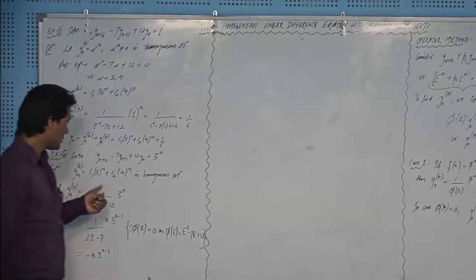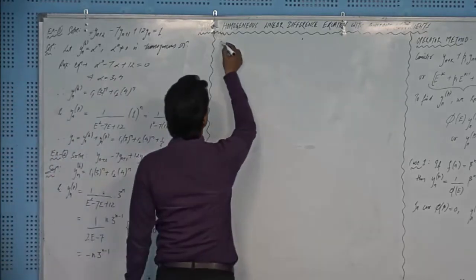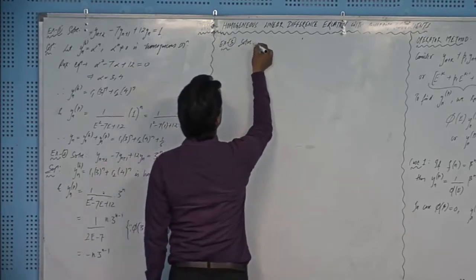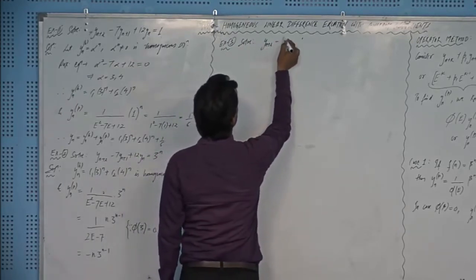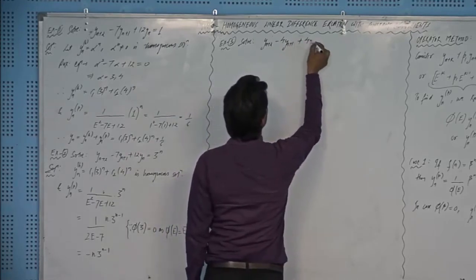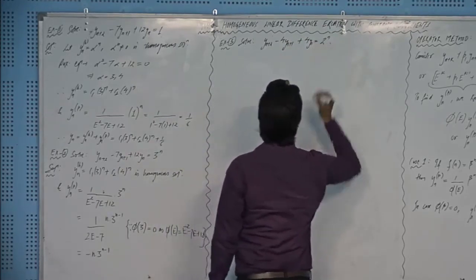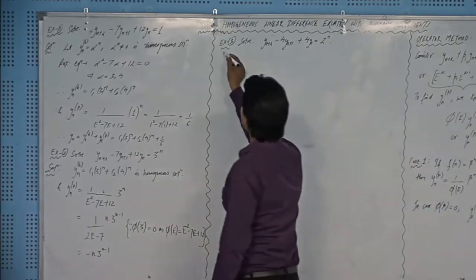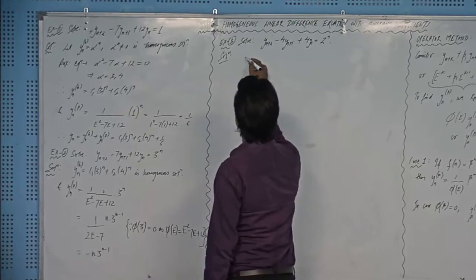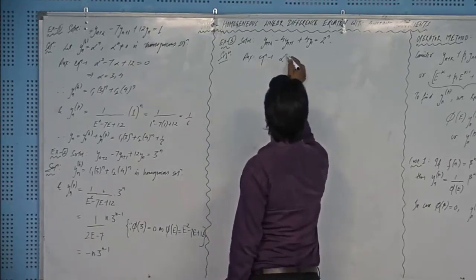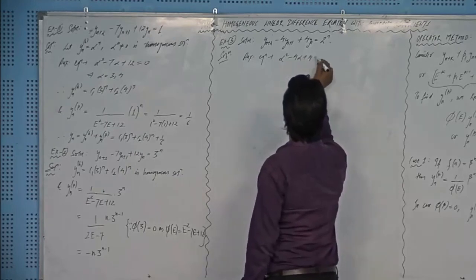Taking another example, example number 3: solve y_{n+2} minus 4 y_{n+1} plus 4 y_n equal to 2 to the power n. Writing its auxiliary equation, that will be alpha squared minus 4 alpha plus 4 equal to 0.